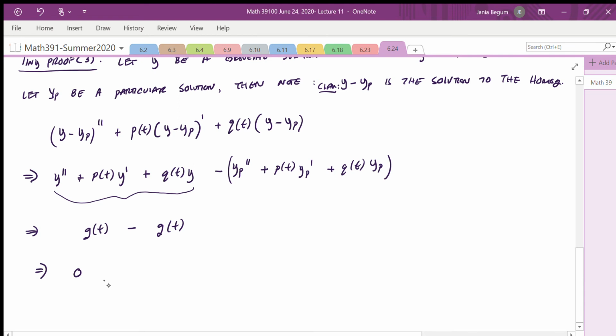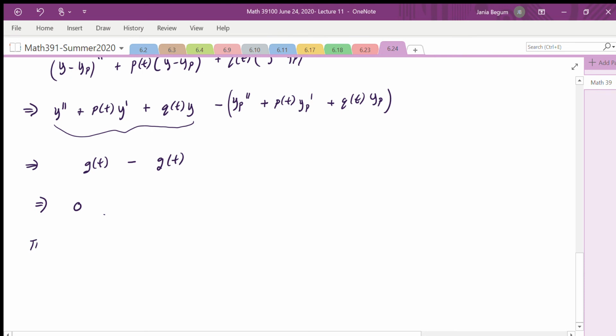That means the general solution would be the homogeneous plus the particular. So that would be the next statement. This means that y minus yp solves the homogeneous case.